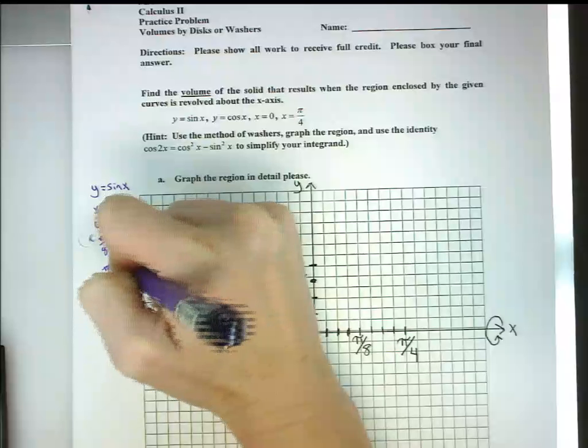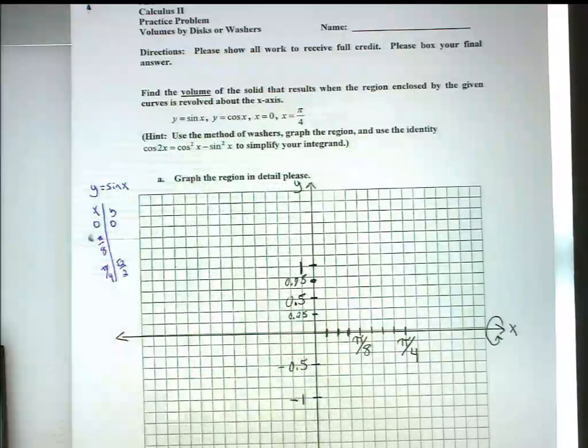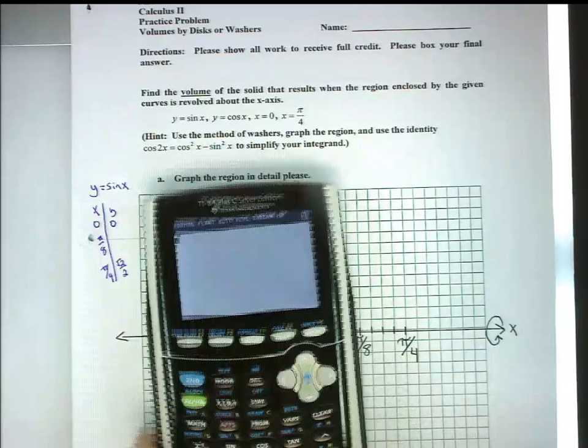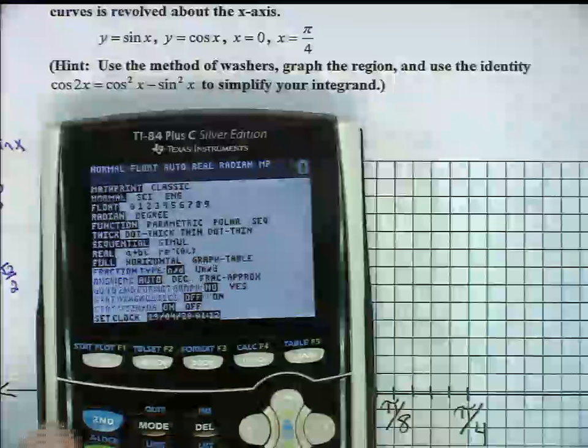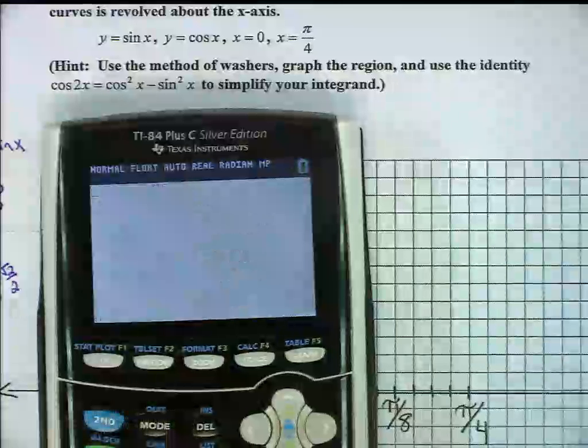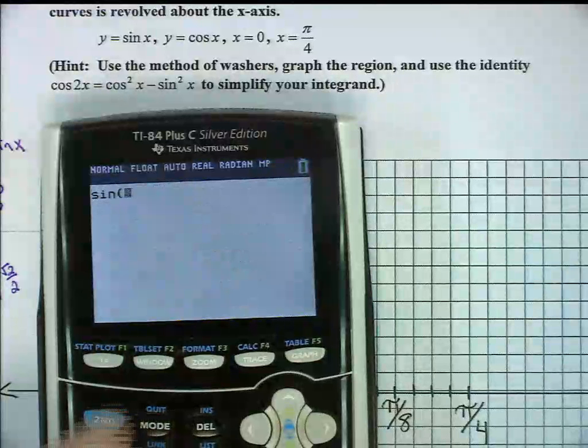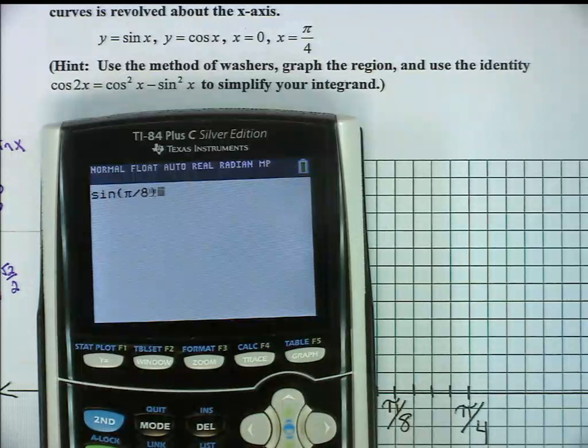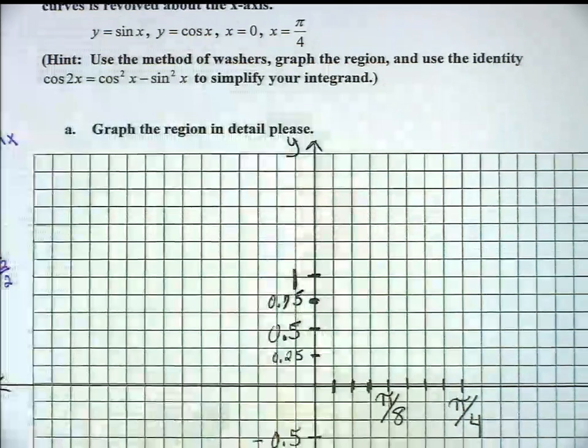Is this, you know what that is? And for pi over 8 I put in the calculator, and that is about 0.3, and I can plot the value here.